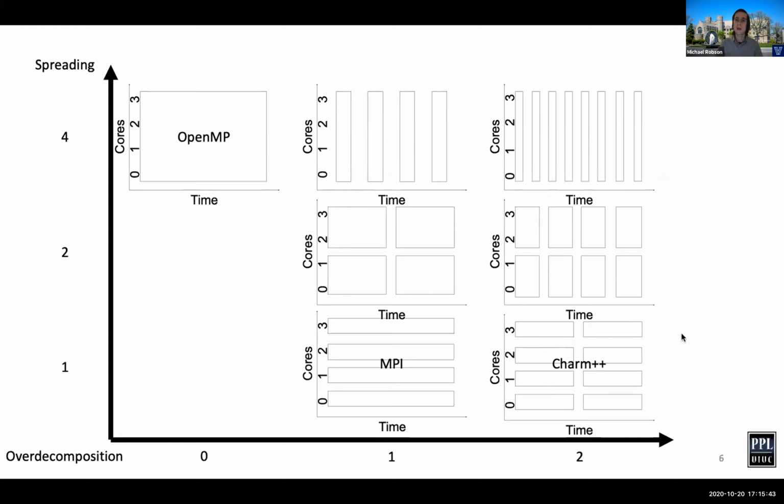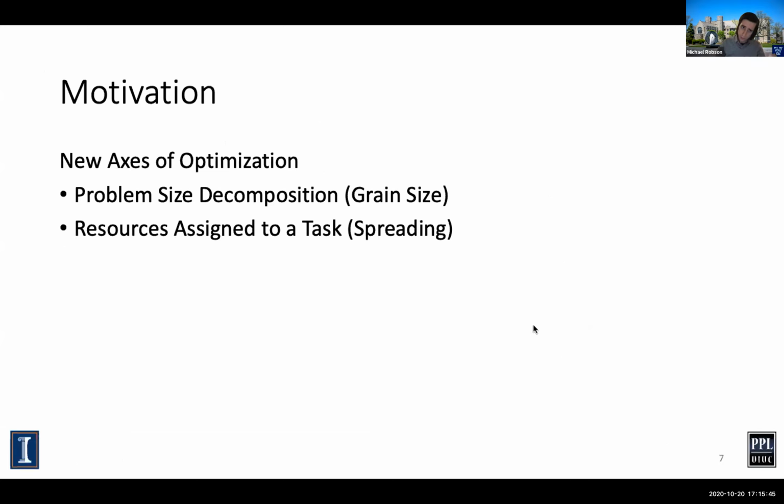This now allows us a new axis of optimization. As before, Charm provided this idea of over-decomposition, which hopefully by now you're familiar with. But it also allows us to dial in how many resources are assigned to a specific task. So over-decomposition is not a one-size-fits-all tuning parameter.